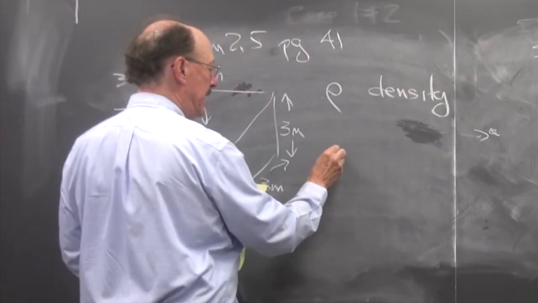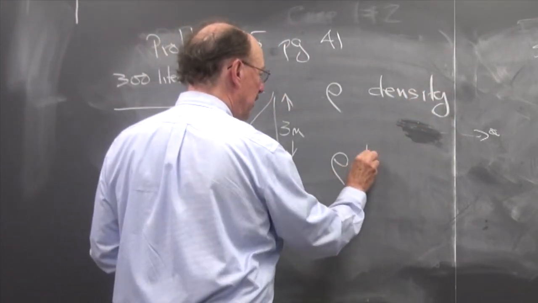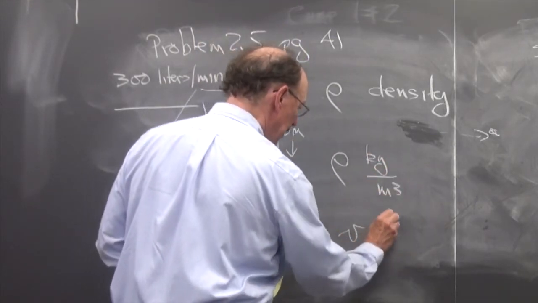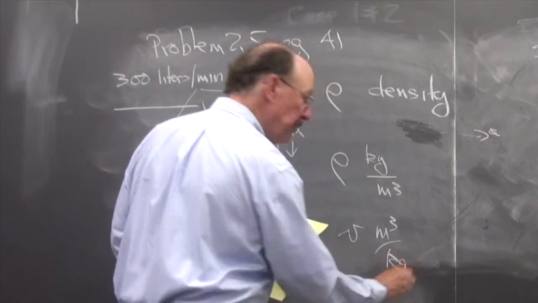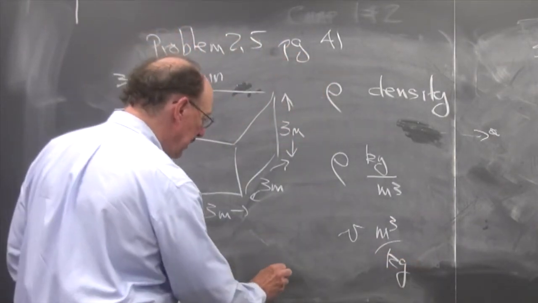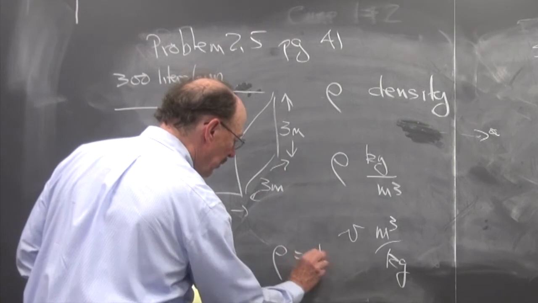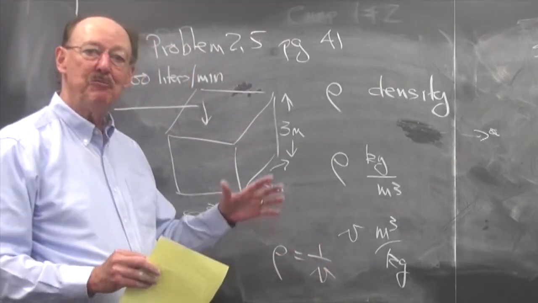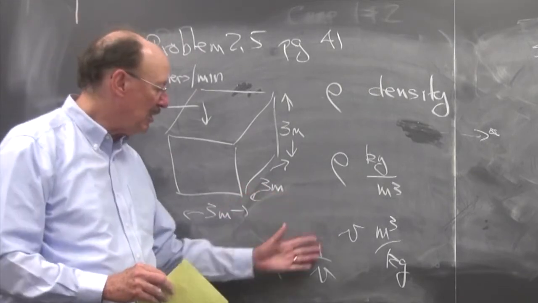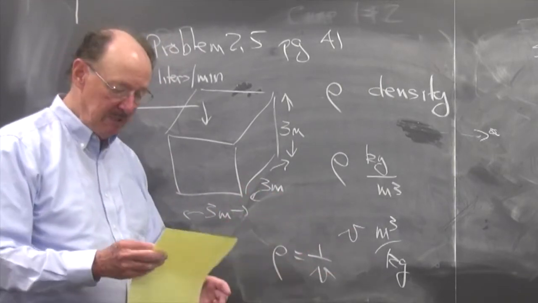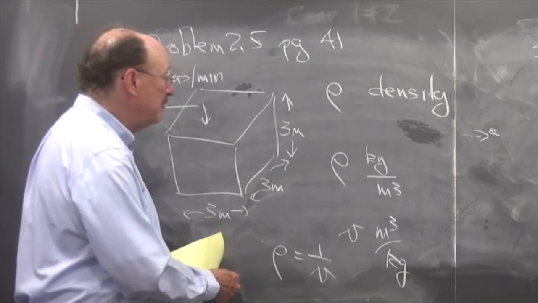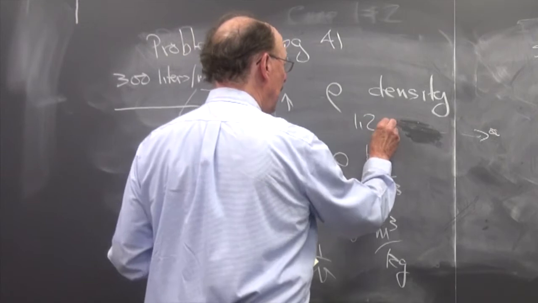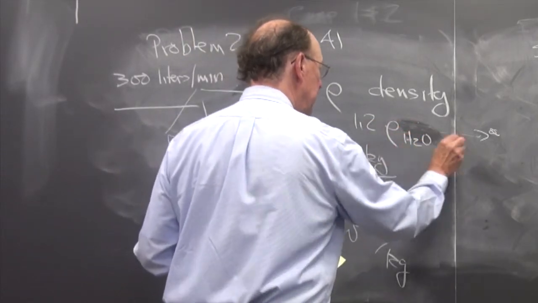I might point out that density in kilograms per cubic meter and specific volume in cubic meters per kilogram are the inverse of each other. So I have that rho is equal to 1 over v. Very often in physics, you've talked about density. Here we tend to talk more about specific volume, but you have to be conversant with both. And so in this case, we have the density is 1.2 times rho H2O, the density of water.